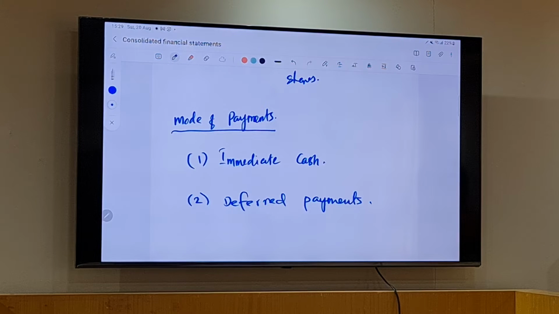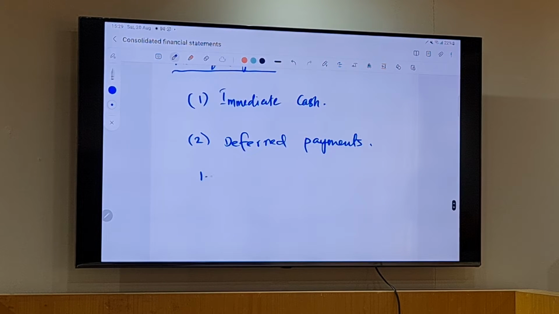Meaning, let's say I purchased on 1 January 2020. I agree that I will pay on 1 January 2022, after 2 years. So it's like a loan. You agree that you will pay in 2 years' time. So this is the second scenario.